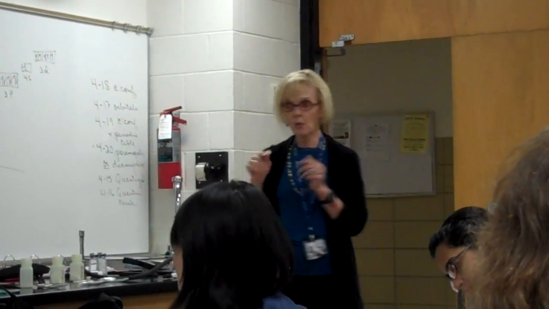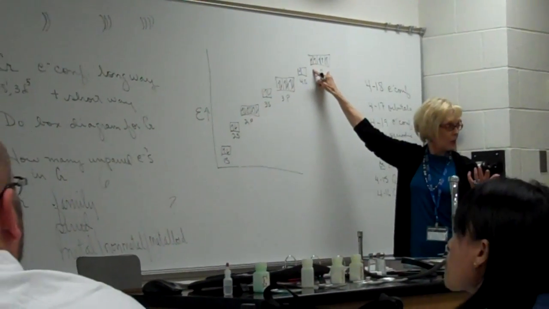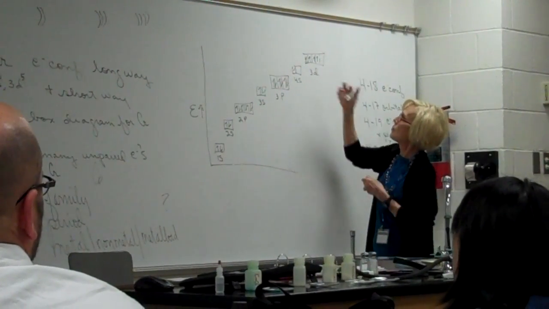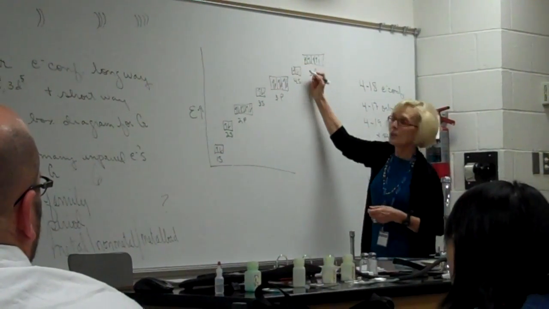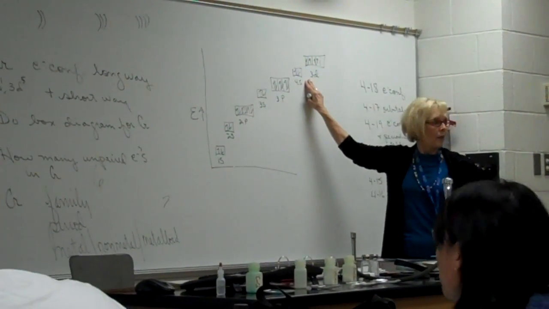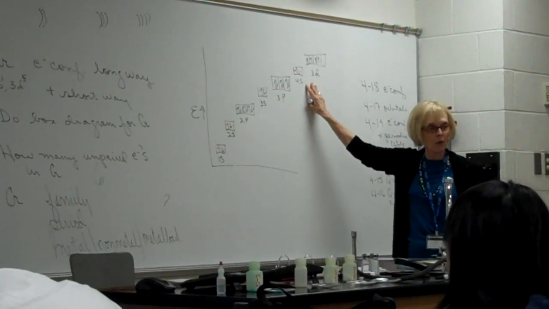Because if we didn't know that business, that if you can have a half full shell, it's going to happen. Let me write this. Don't change yours. What Russell originally gave me, he gave me this. And that's before we knew about exceptions. How many unpaired do you see now? 4.